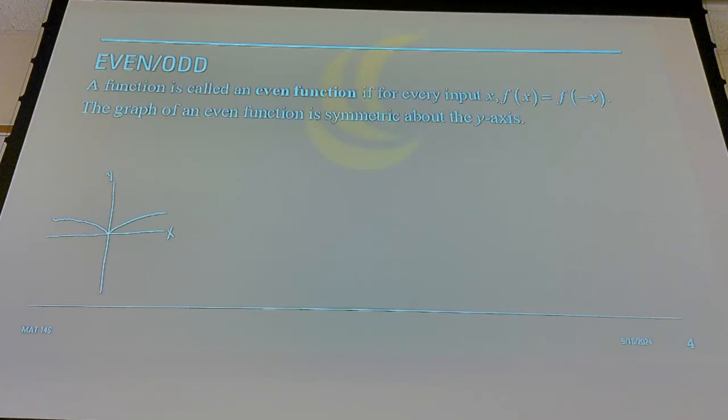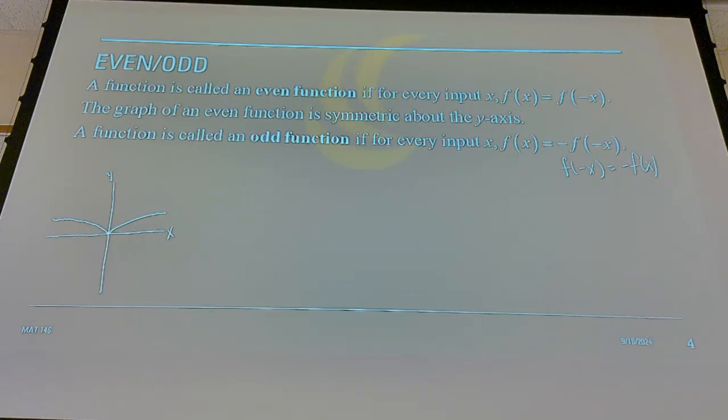A function is odd if for every x, f of x equals negative f of negative x. Another way you may see that written: f of negative x is negative f of x.